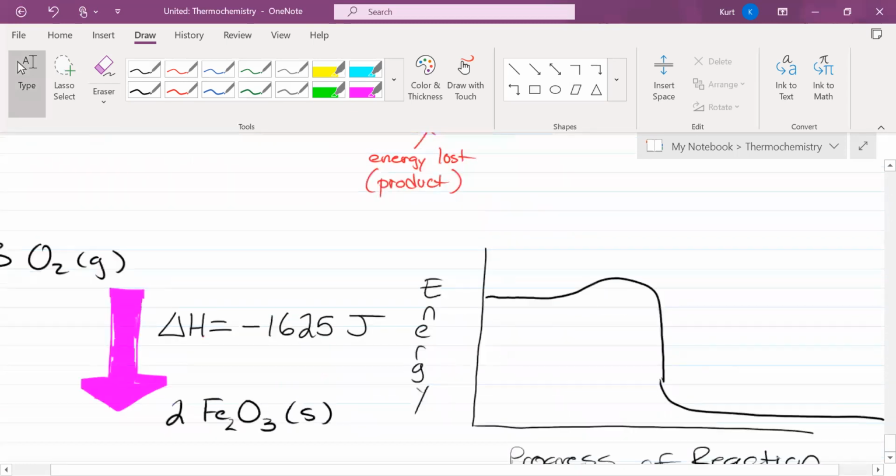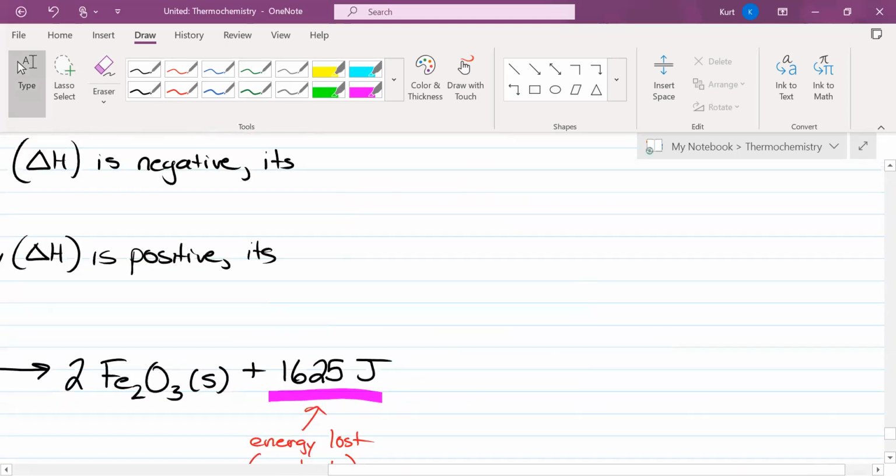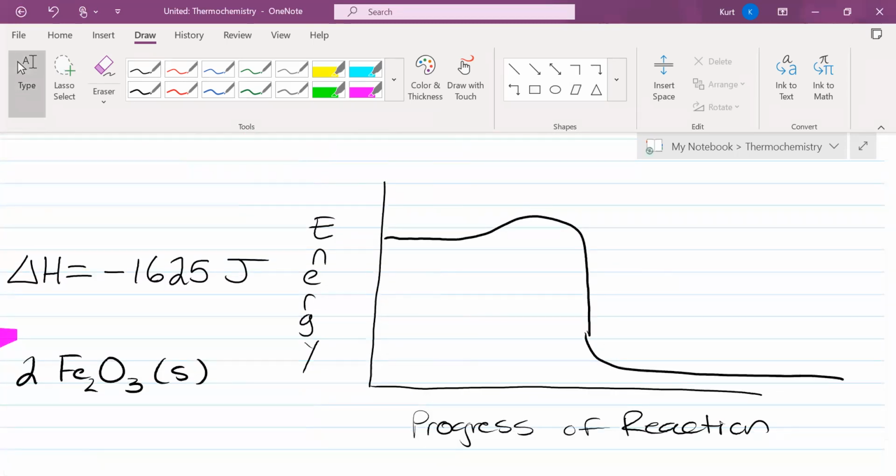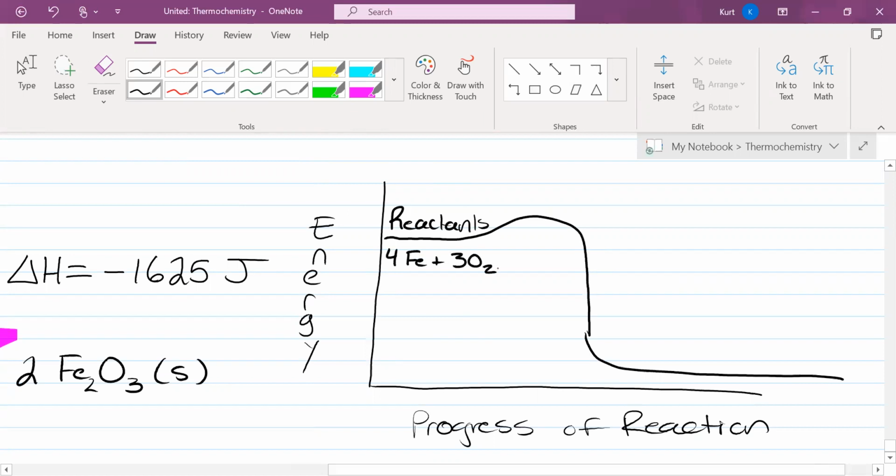Right here, at the beginning of the reaction, you have reactants. In this case, this would be 4Fe plus 3O2. Way down here would be products, and that would be 2Fe2O3. This reaction clearly lost energy.